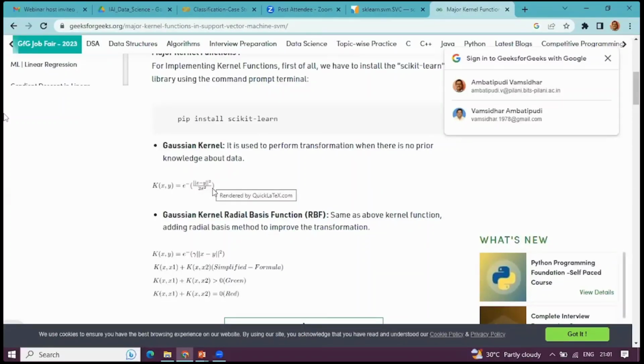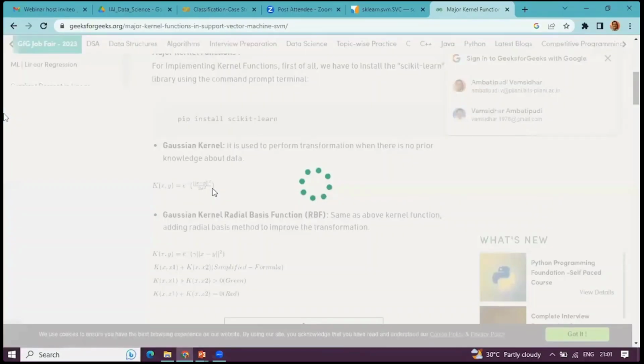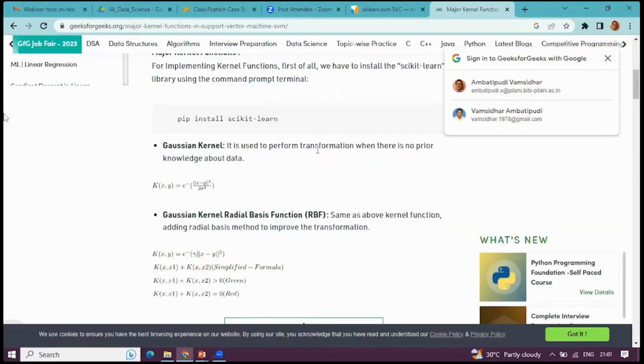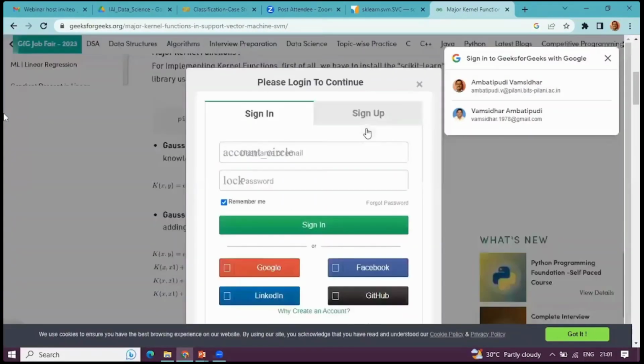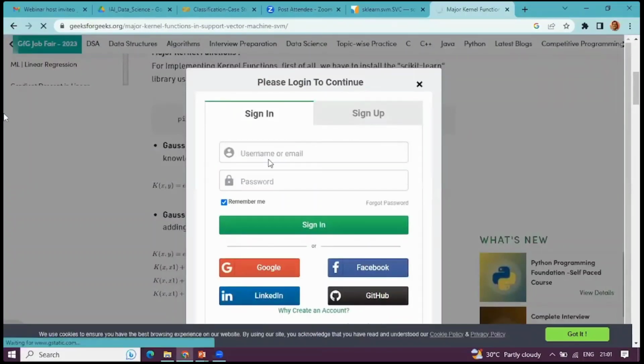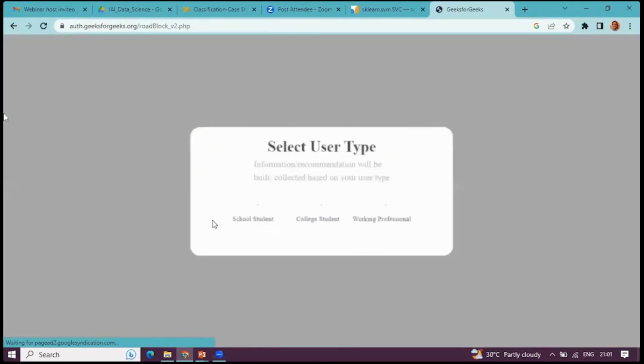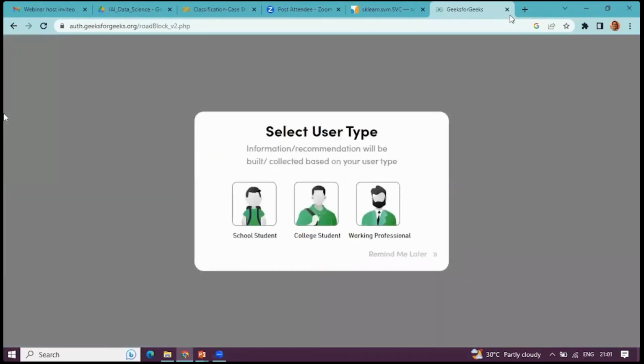So this is a kind of transformation. You take the difference between the 2 observations x and y, take the dot product, square it, and then divide. That is what will typically give you the result.